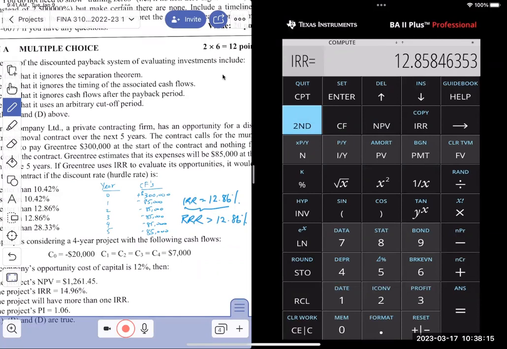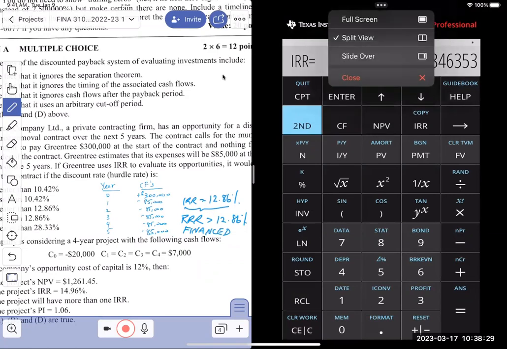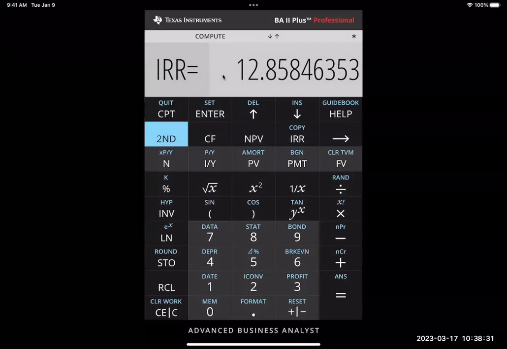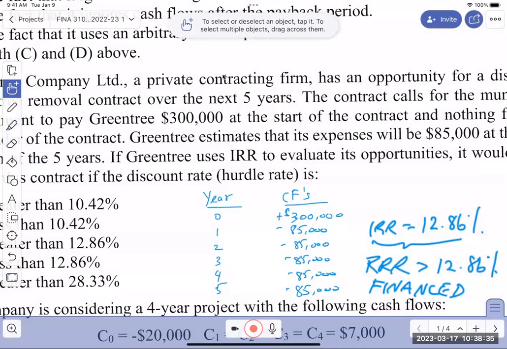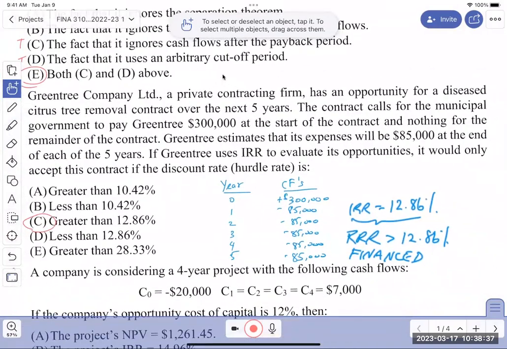Must be greater than 12.086%. Okay, because it's financed. So the answer, that's why the answer is, I wanted to go with this one, is C. Questions?